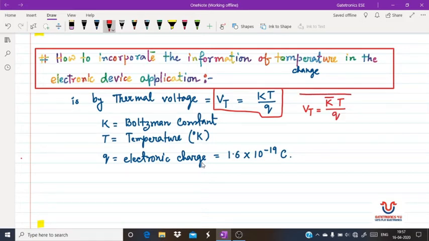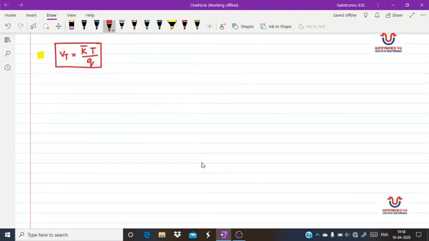This K bar is also a Boltzmann constant, but this K bar is nothing but k into q, where q is the electronic charge, or we can say that k equals K bar by q.